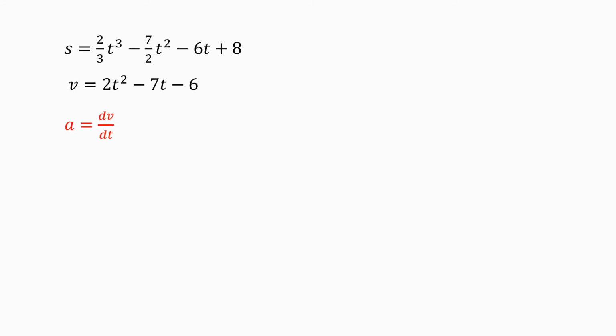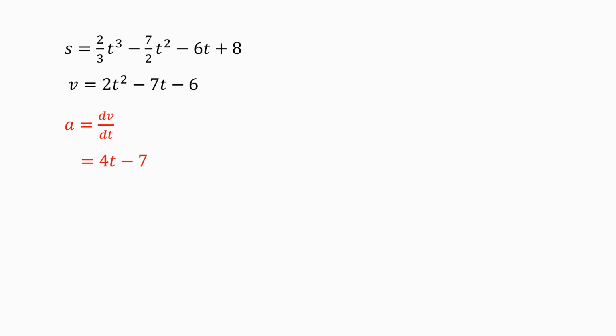So the acceleration function will be 2 times 2, which is the coefficient of t... times the power of t, which is 4t, and then the power minus 1 remains 4t, minus 7 times 1, which is 7, then t raised to power 1 minus 1 becomes t raised to 0.